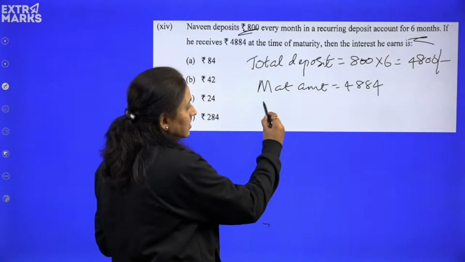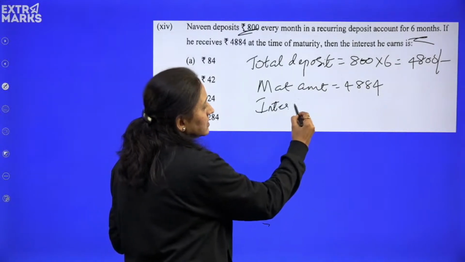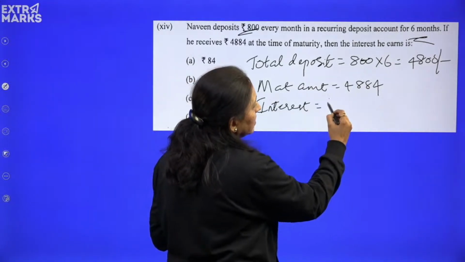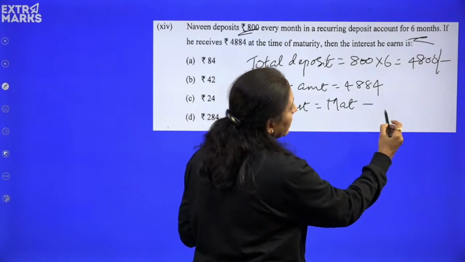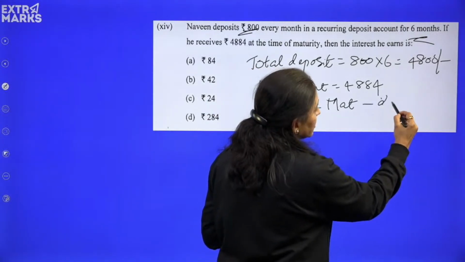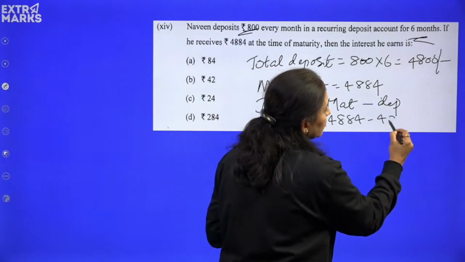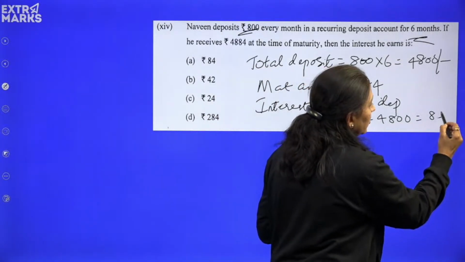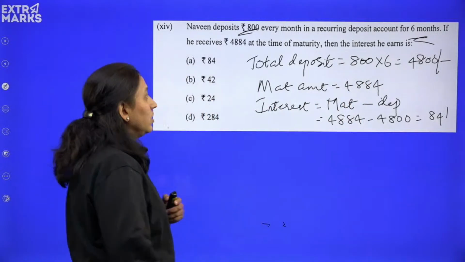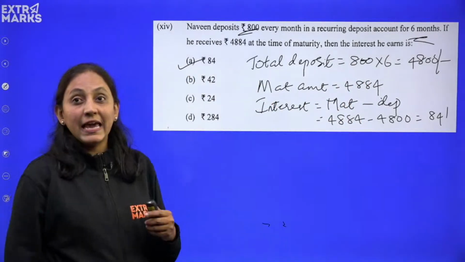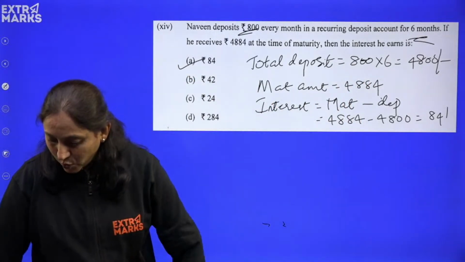So the interest he earns should be the maturity amount minus the deposit. That is 4,884 minus 4,800, which is equal to 84 rupees. So the correct option is A, which is 84 rupees.